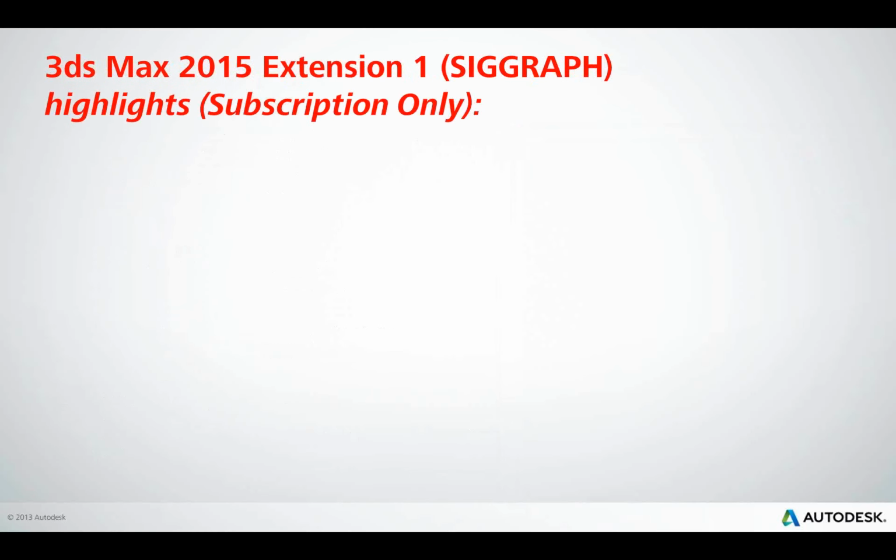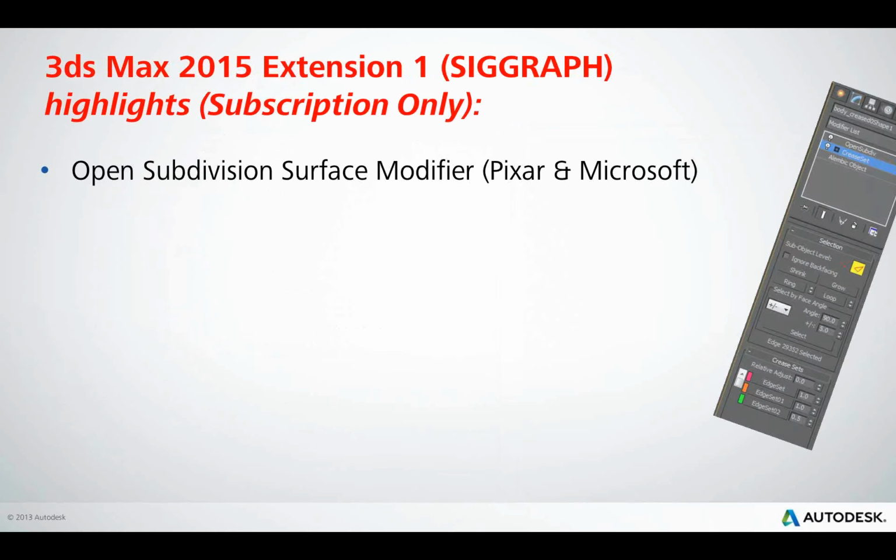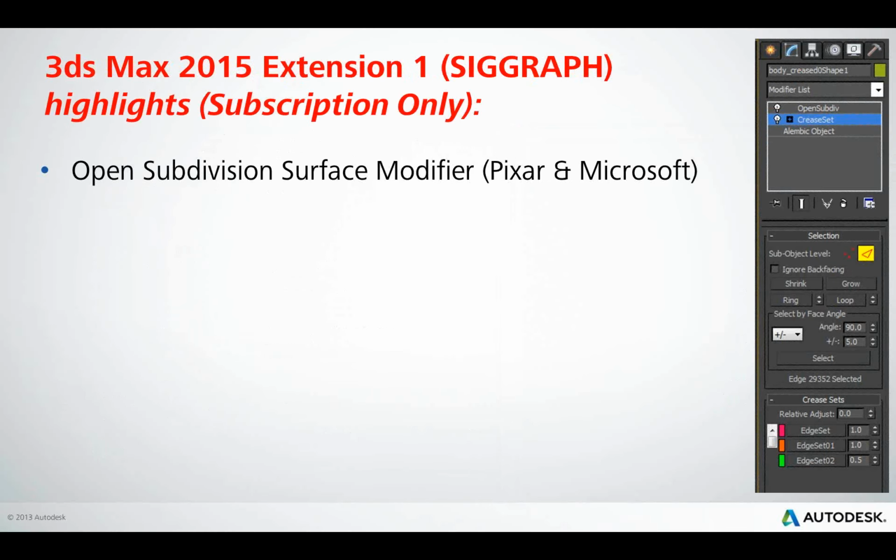And then at SIGGRAPH this year, for those of you that are on subscription, we introduced Extension 1, which was a huge announcement for us because we've added OpenSubdiv support from using the Pixar and Microsoft libraries. So we have the OpenSubdiv modifier. We also introduced the crease set modifier and the crease set explorer to manage those subdivision surfaces.